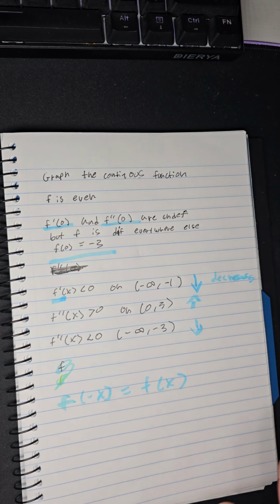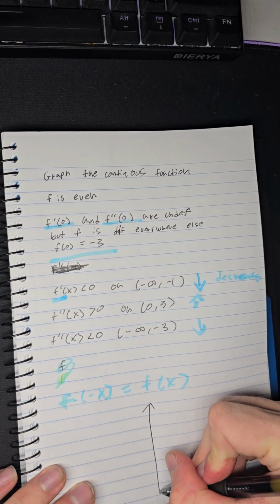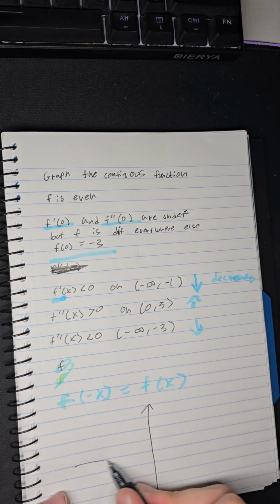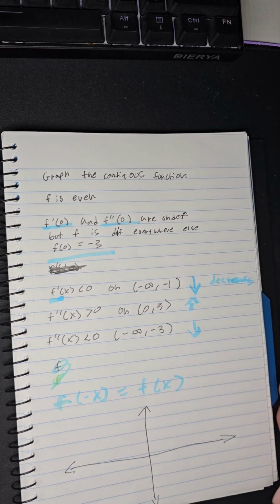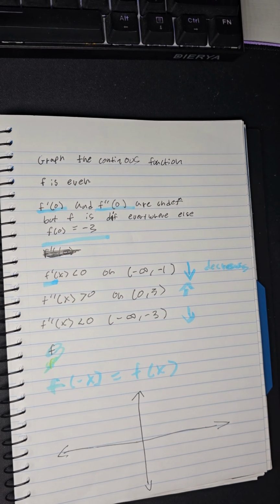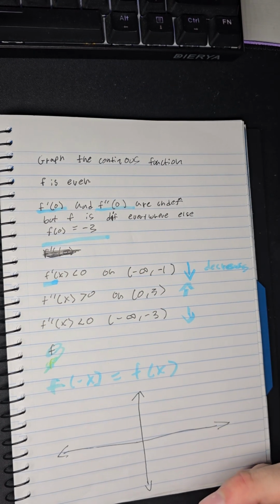Okay, so let's draw a little graph. Hopefully there's enough space. What is this going to look like? We know that f of x is going to be even, because f is even, but then f prime of x is going to be negative.